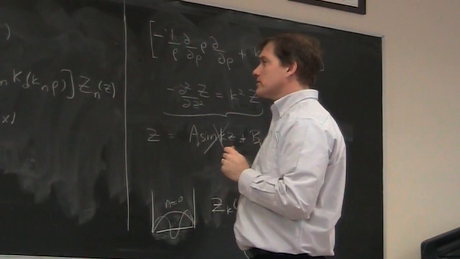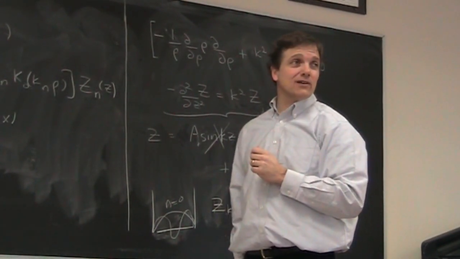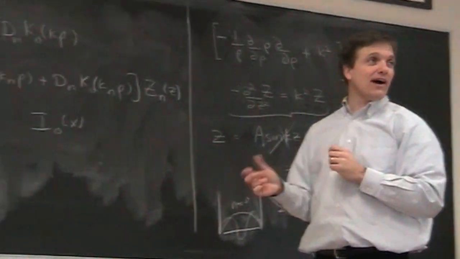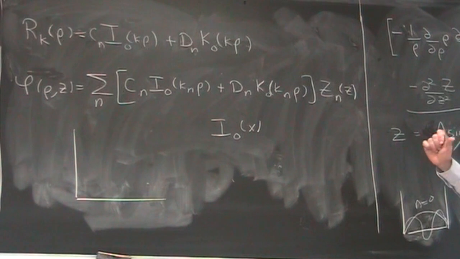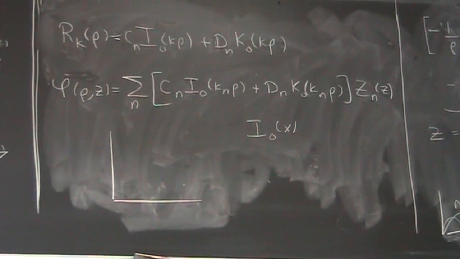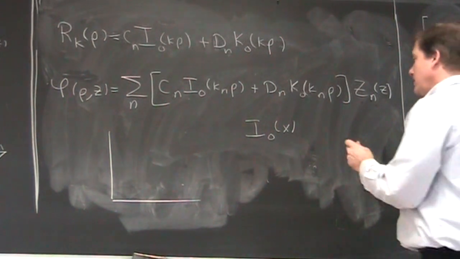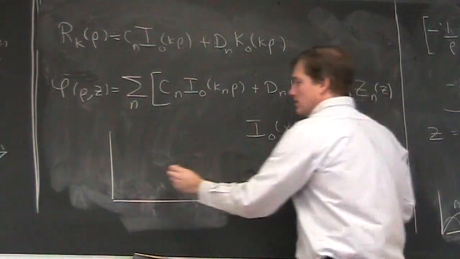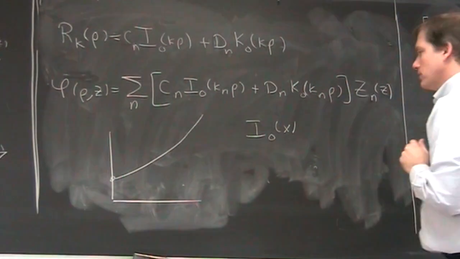Bessel functions are like sine and cosine, which are e to the ix. If you go to imaginary arguments, which is what these modified Bessel functions are, it's like e to the plus x and e to the minus x. Very analogous. I0 is growing at infinity.